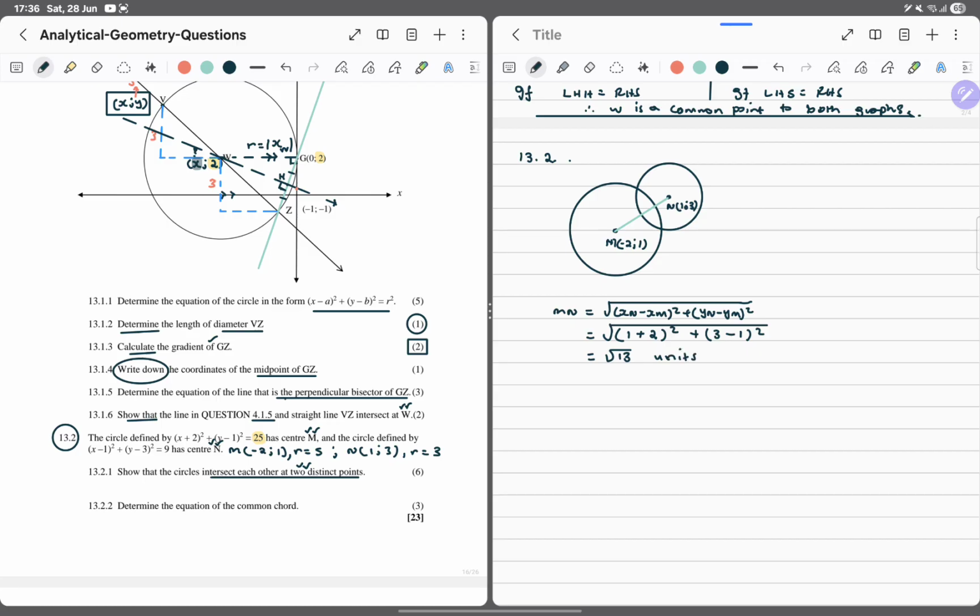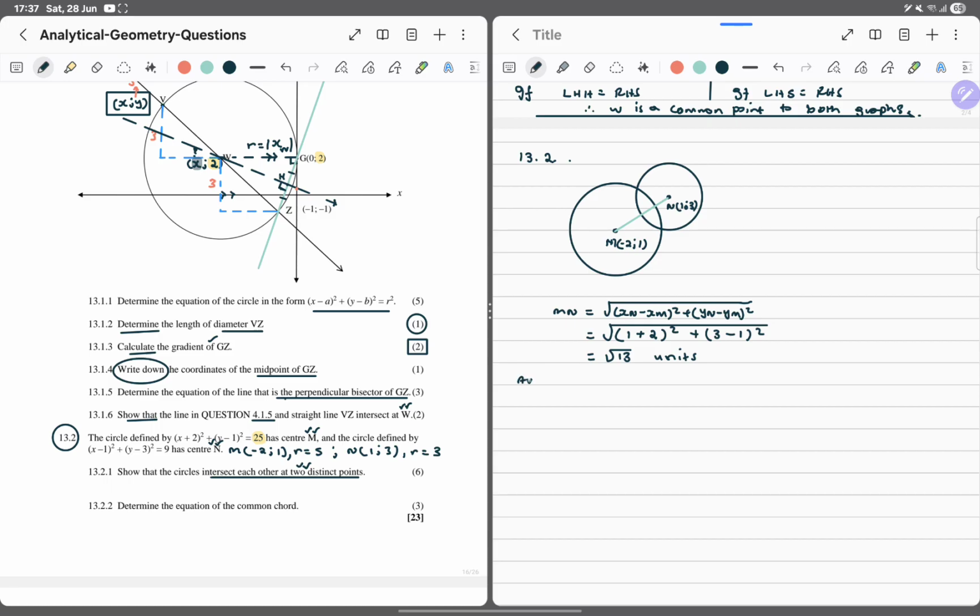Okay, root 13, and then the closest perfect square before 13 is going to be 9. So this is going to be 3 comma something. We never look for the one ahead, the one before. All right. So what else can we do? We then calculate the sum of the radii.